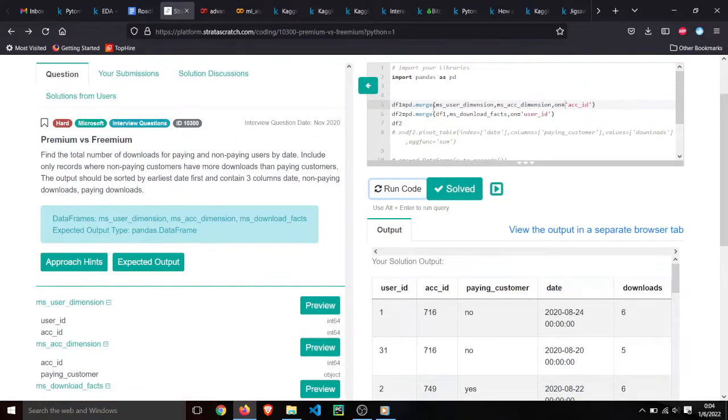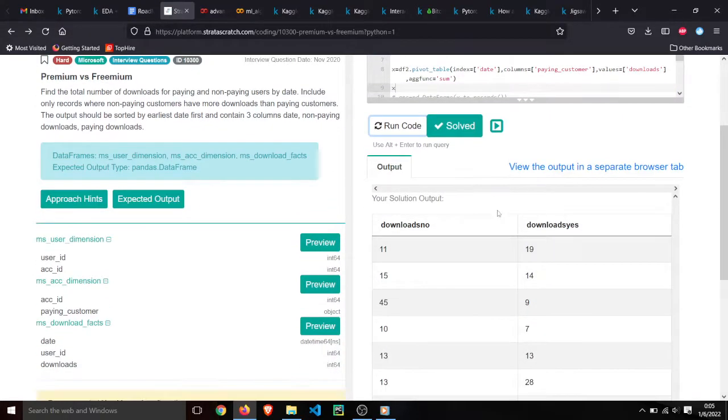So let's go. This is the pivot table which we're going to use. It is indexed by the date column, the columns are going to be whether it's a paying customer or a non-paying customer, and the value is going to be the number of downloads, which we're going to sum up. Let's see how it looks.